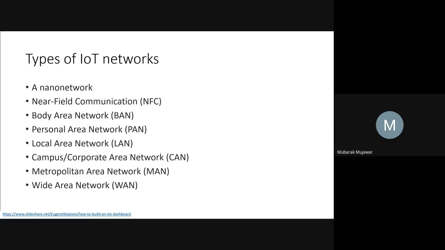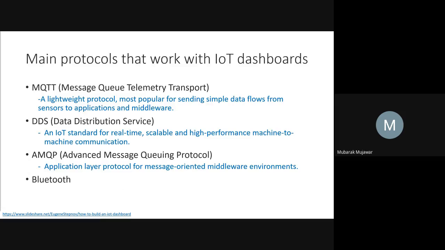Now, for making any dashboards, we use three or four different protocols. The first one is MQTT, which you have already learned in the morning session. It is message queuing telemetry transport. It's a very lightweight protocol, popular for sending simple data flows from sensor to applications.